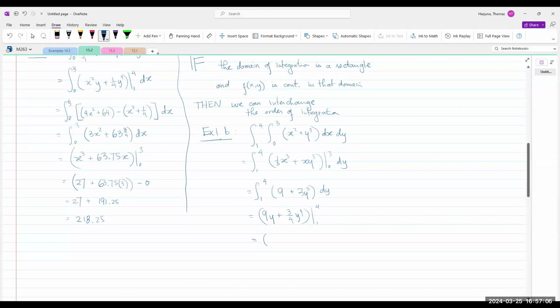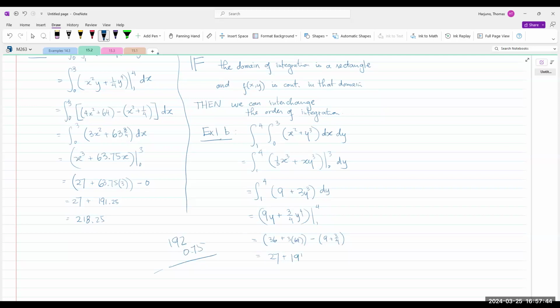That will give us 36 plus 3 times 64 minus 9 plus 3/4, right? 36 minus 9, that's 27. 64 times 3 minus 3/4. 64 times 3 is what? 192 minus 3/4, 191.5.